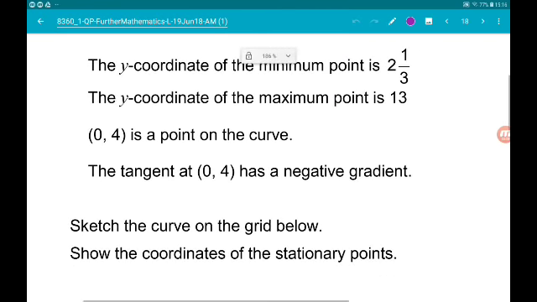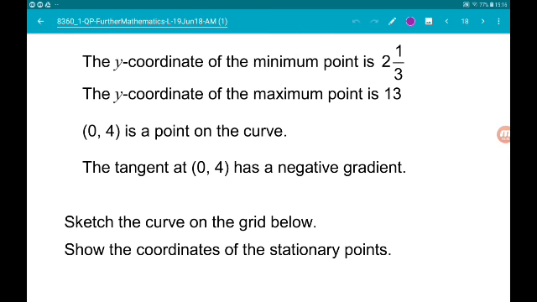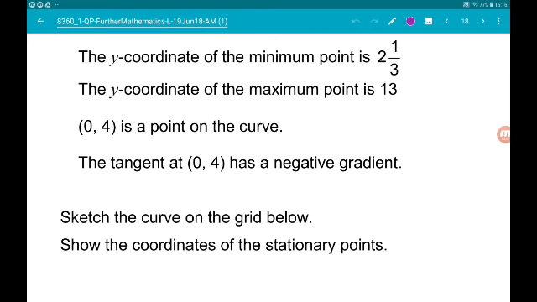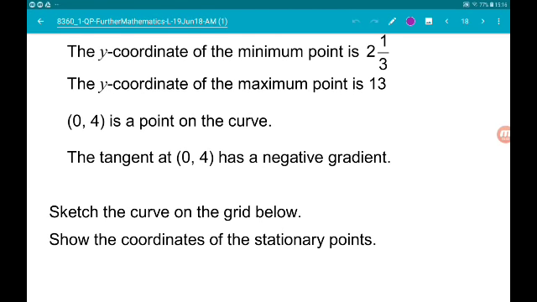The y coordinate of the maximum point is 13. 0, 4 is a point on the curve, so that's where x is equal to 0, so that's going to be our y-intercept. The tangent at 0, 4 has a negative gradient, so that tells us when the curve goes through the y-axis, it has a negative gradient.